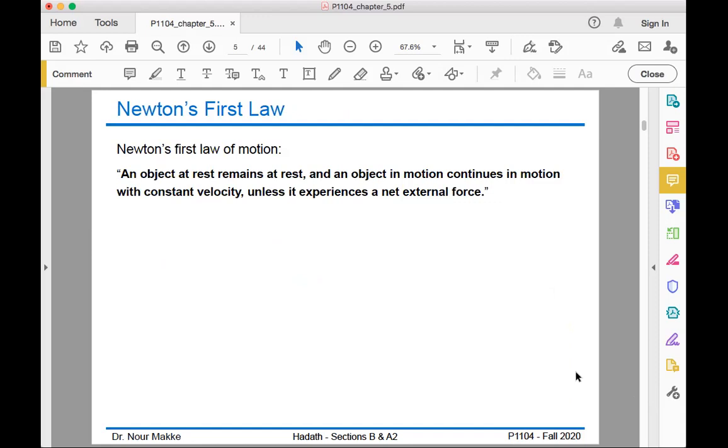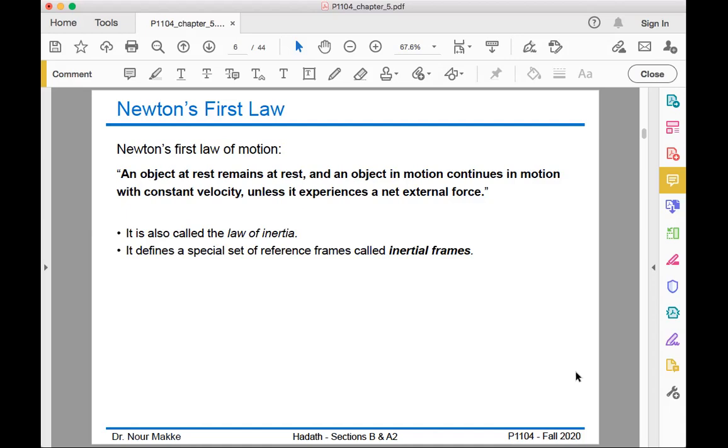Newton's first law of motion states the following: an object at rest remains at rest, and an object in motion continues in motion with constant velocity unless it experiences a net external force. Two comments before we discuss this statement. First of all, this law is usually called the law of inertia, and it defines a special set of reference frames called inertial frames.